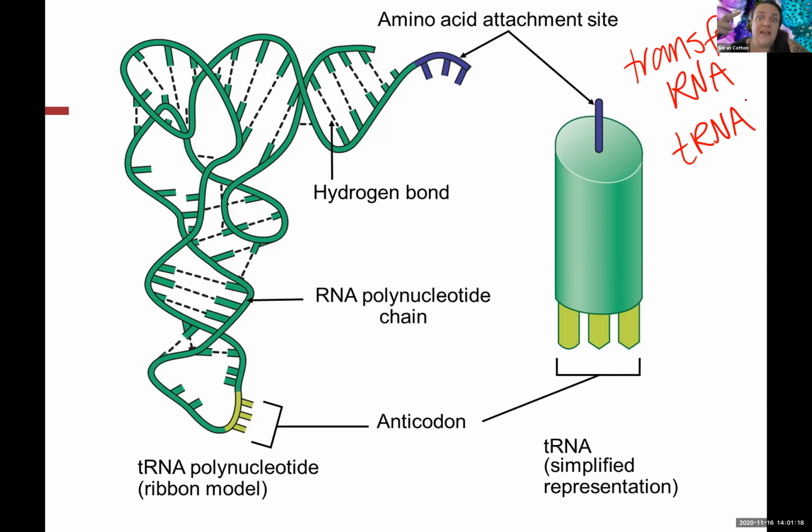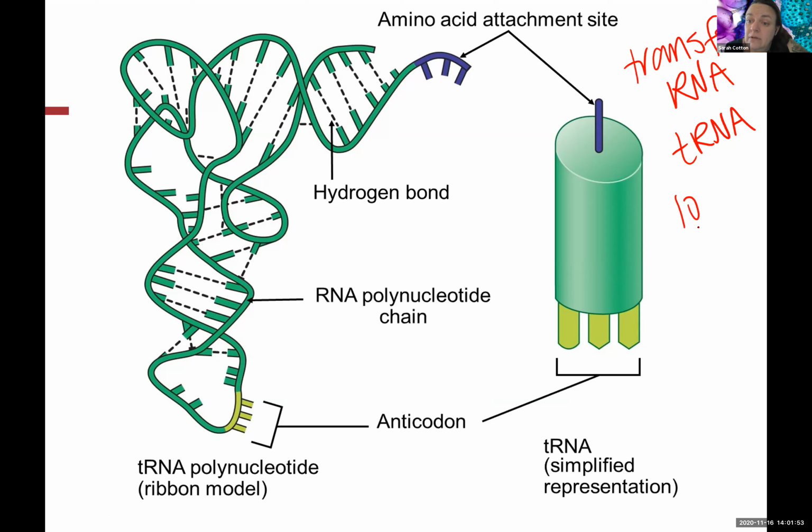So what you're looking at, and these images are not in your textbook, is a diagram of a somewhat more realistic shape of what tRNA actually looks like. And then this is a simplified version to help you look at images of this happening. Now, the thing about tRNAs is that you have a bunch of different tRNAs.